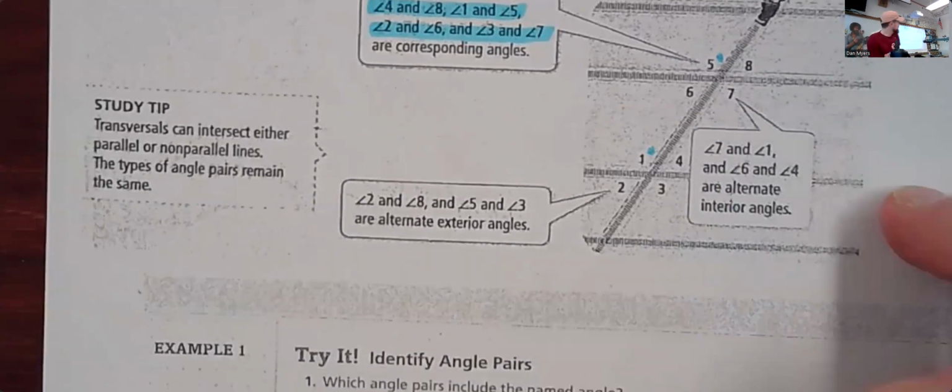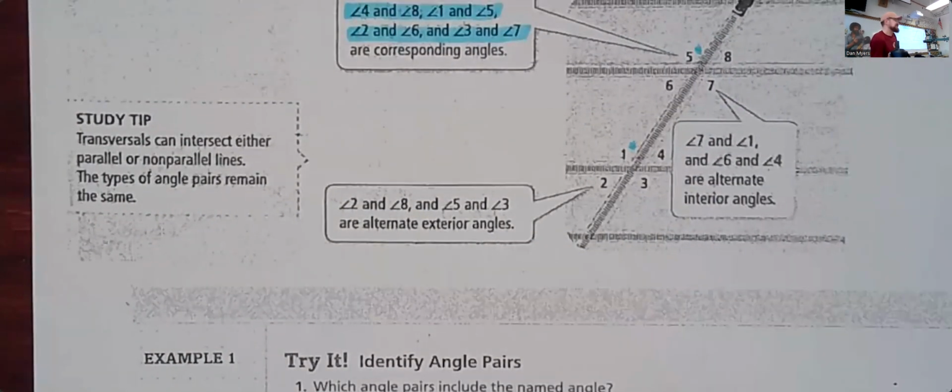So which ones do you think would be exterior here? 1 is not an exterior angle though. 2 is, 5 is, 8 is, and 3, yeah. So exterior angles just mean the angles that are not in between the 2 parallel lines.